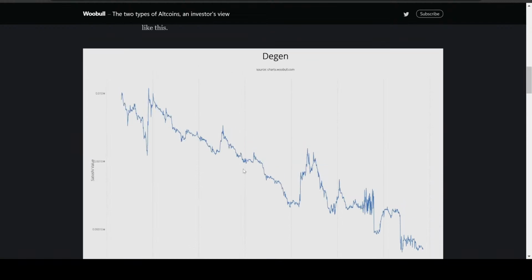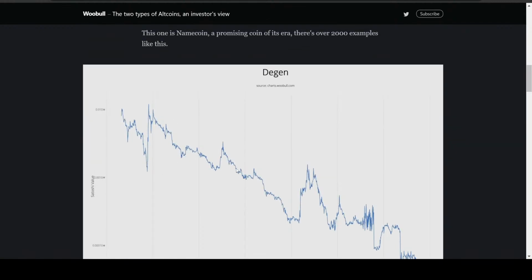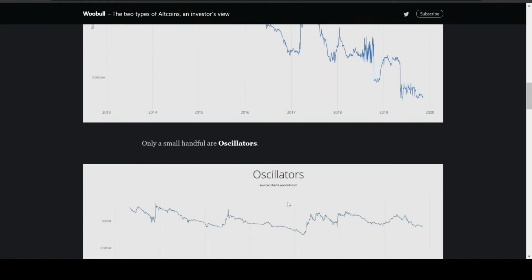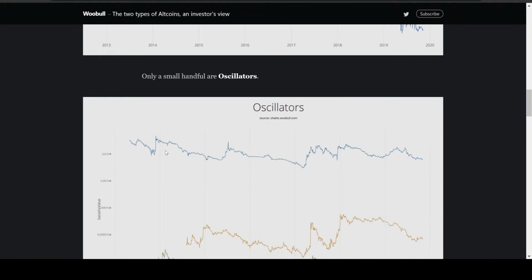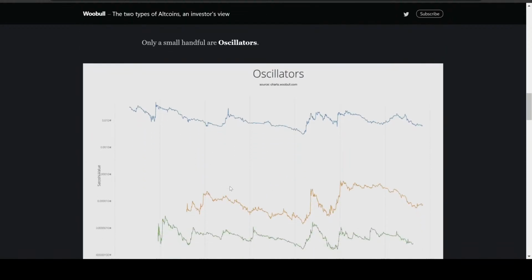A degenerator during a bear market just keeps going down, okay? What an oscillator does is, if an altcoin manages to hold its value after it bottoms, relative to Bitcoin.